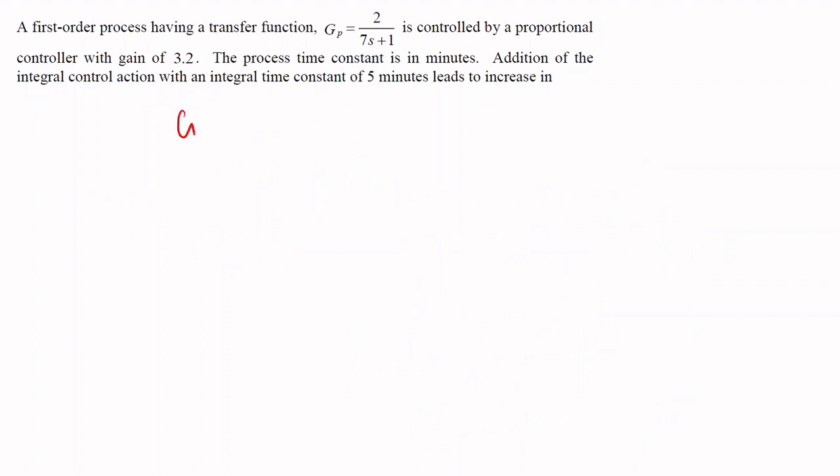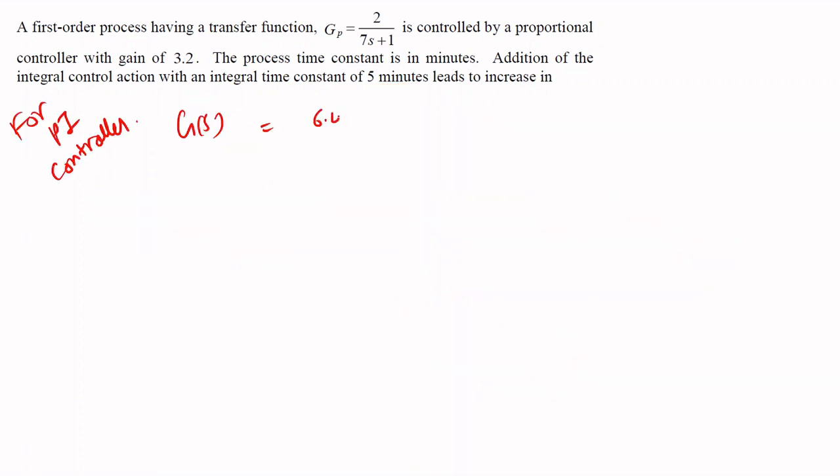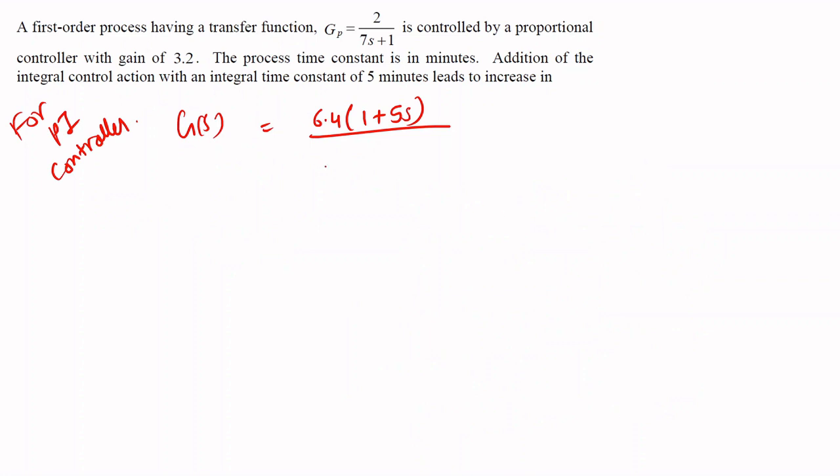So the final transfer function for this PI controller will become 6.4 into 1 plus 5s upon 35s square plus 37s plus 6.4.